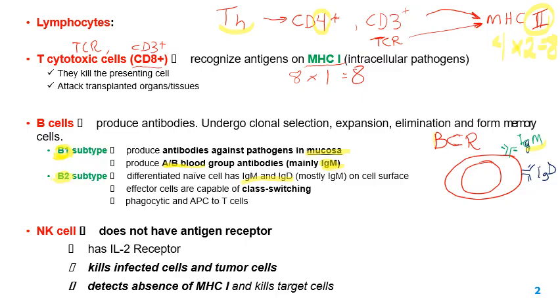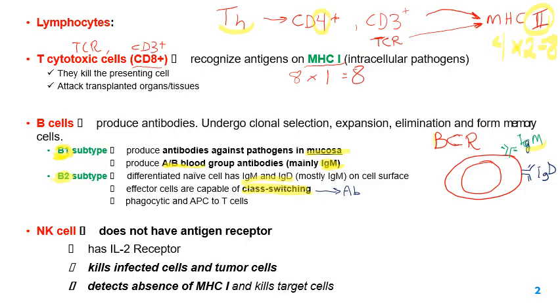After they see antigen, after they get activated, they will start to change their receptors. They're going to start changing the antibody. So they're going to undergo this process called class switching. Class switching really has to do with the type of antibody that the B cell produces after it sees antigen, after it gets activated.